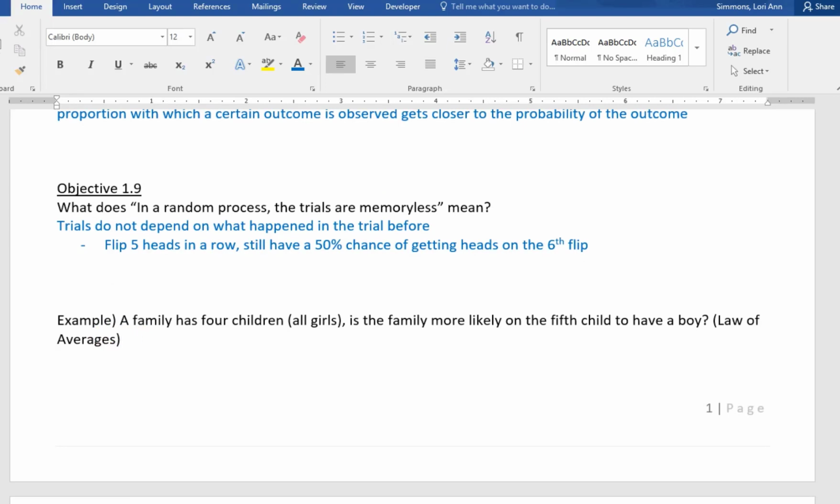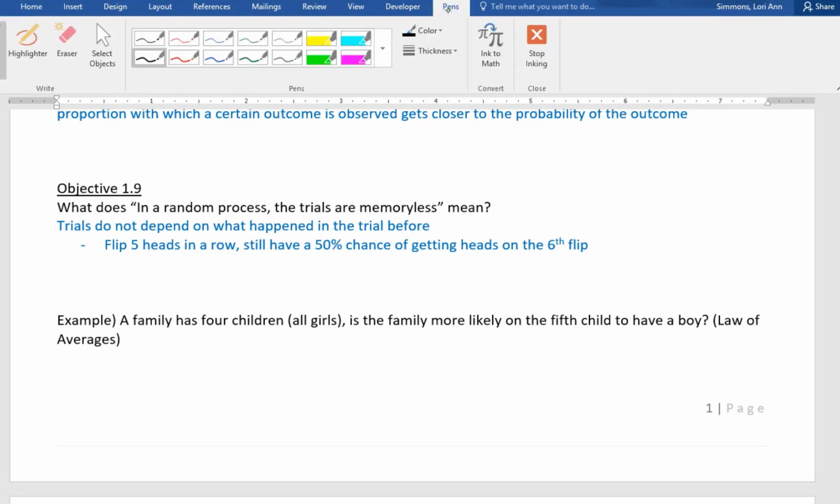So a family has 4 children, all girls. Is the family more likely on the 5th child to have a boy? So think of what we just did up above.